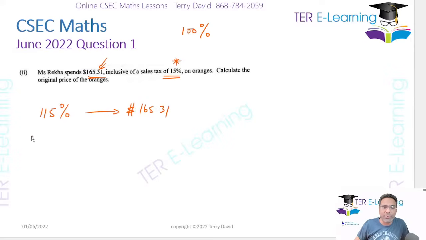So all we need to do is figure out what is 100%. Once you figure out 100%, that's going to give you the original price that she would have paid without the tax. So all we need to do is take 100 multiplied by 165.31 and divide that by 115.